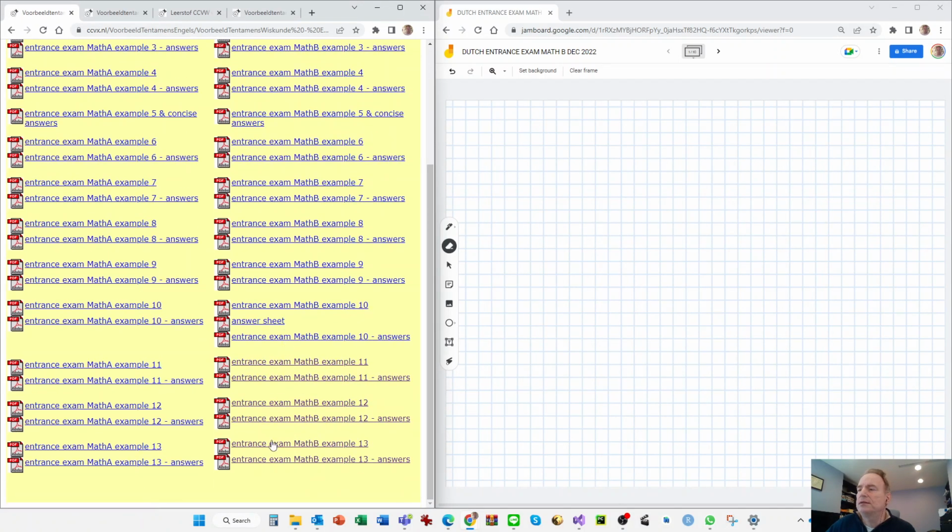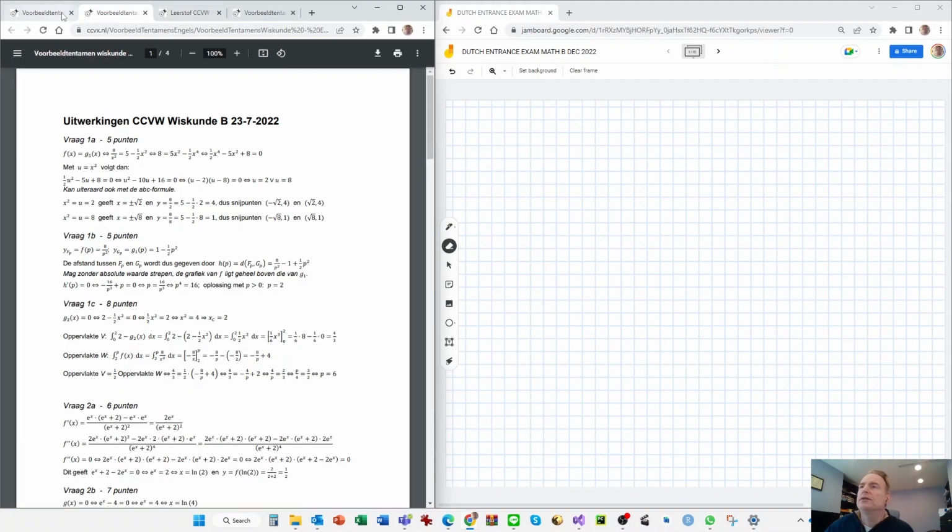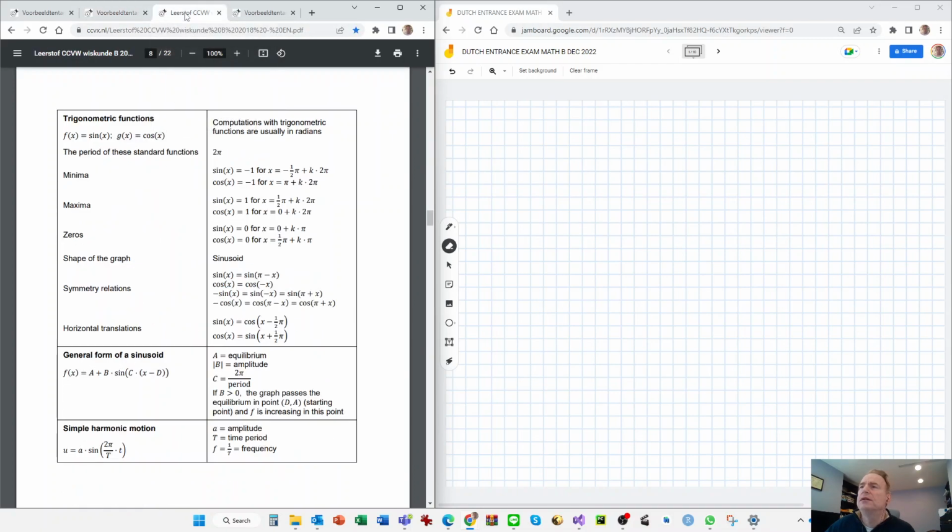And this is exam 13 here, which is the one held in December 2022, about 2 months ago. They also give a sheet with the so-called uitwerkingen, which gives the solutions, and I will verify what I'm doing here as well.